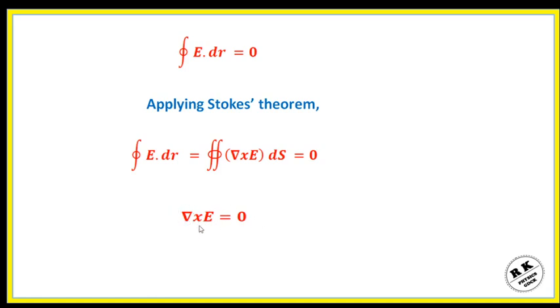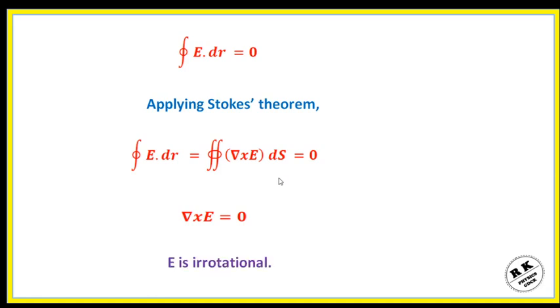Del cross E, this curl, represents rotation in the vector. Curl of a vector represents rotation in a vector. If curl is 0, rotation in the vector is 0. If rotation in the vector is 0, what can we say about that vector?